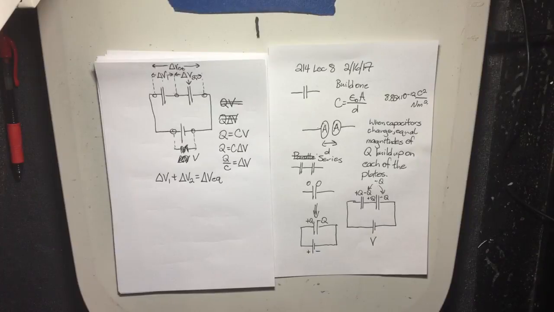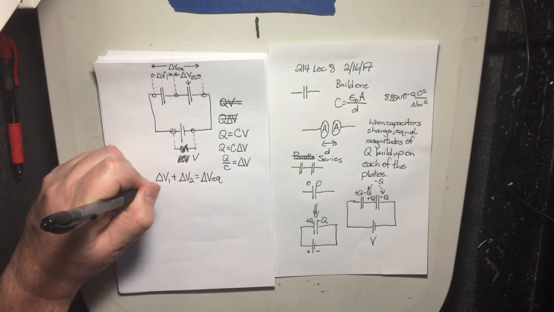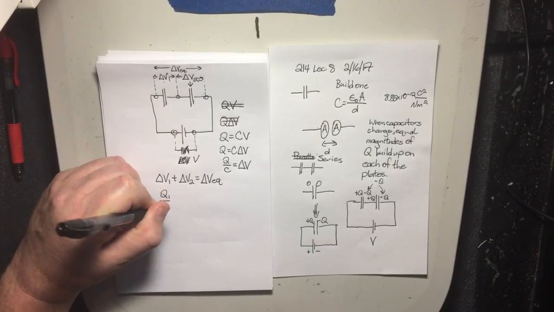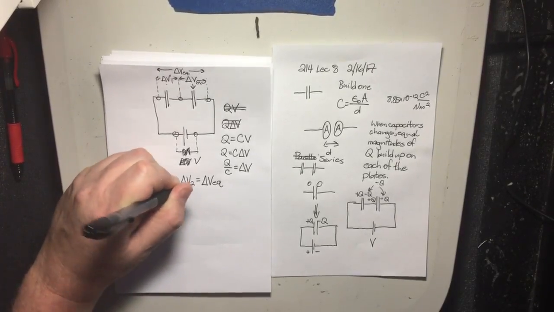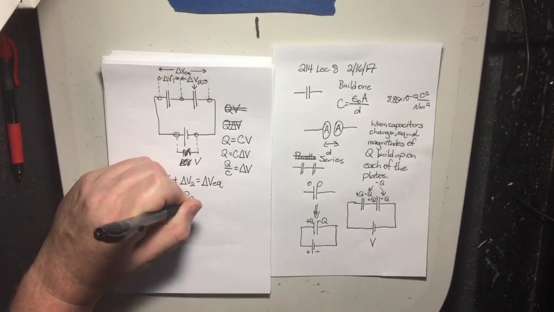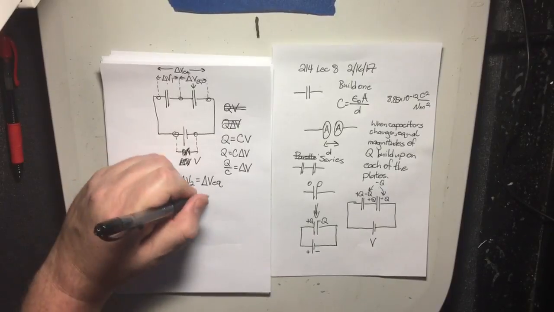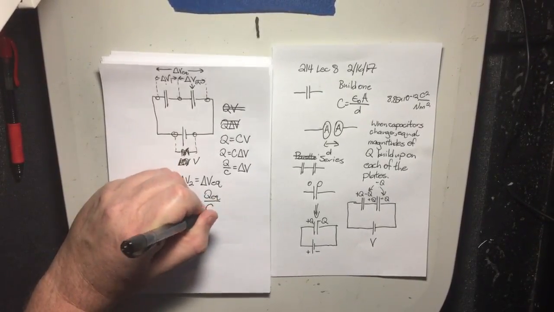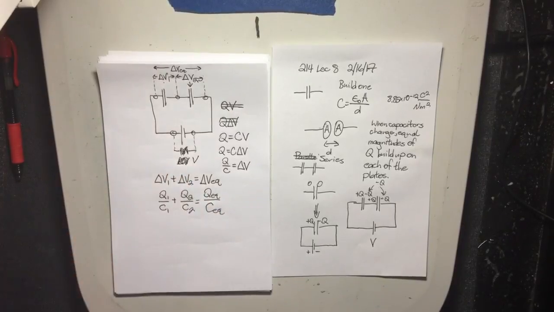So now delta V1 becomes Q1 over C1. Delta V2 becomes Q2 over C2. And delta V equivalent is Q equivalent over C equivalent.